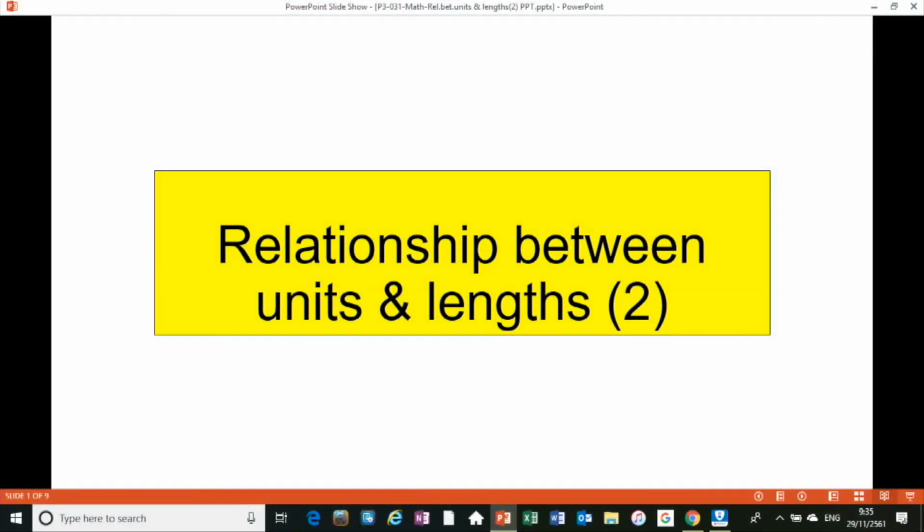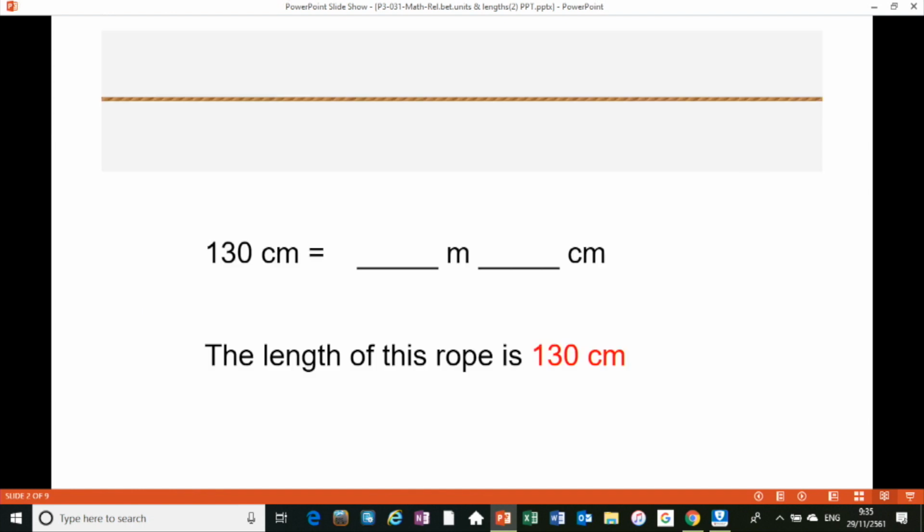Okay, so today's PowerPoint presentation, ready guys? Relationship between units and lengths. Number 2. Okay, so let's begin. Can you see the picture at the top? We have a rope.